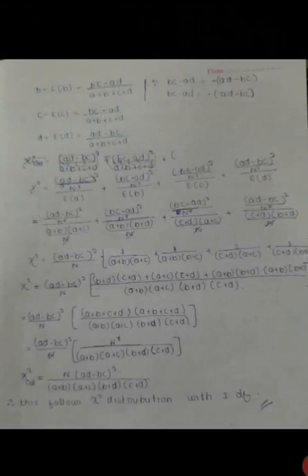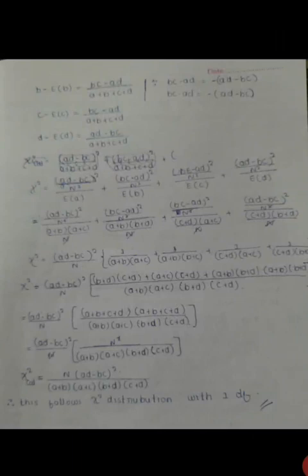Therefore, the chi-square calculated value is equal to, all terms using this formula, (ad minus bc) whole squared by N squared divided by E(a) plus (bc minus ad) whole squared by N squared divided by E(b) plus (bc minus ad) whole squared by N squared divided by E(c) plus (ad minus bc) whole squared by N squared divided by E(d).